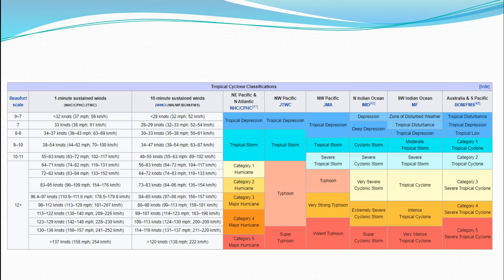But if you look over at the columns further on the right, you can see the categories for different locations elsewhere in the world. The Pacific actually has two different ways of categorizing their storms, versus the parts of the Indian Ocean and Australia as well.